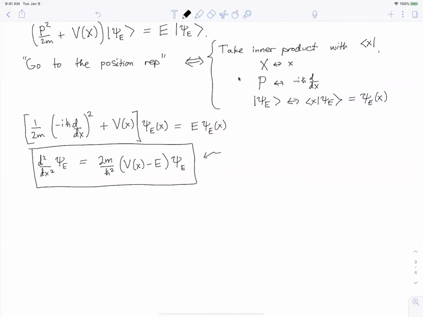This is the time independent Schrodinger equation, because there's no time in it. And the idea is we need to solve this self-consistently for the wave function and the energy simultaneously.